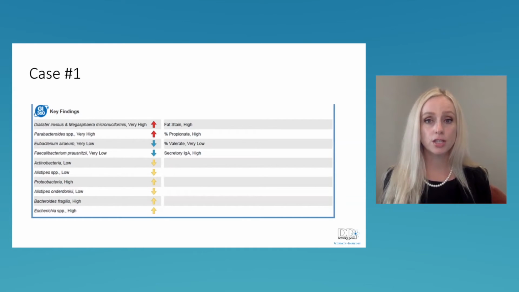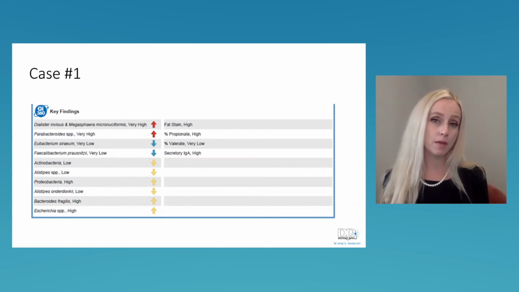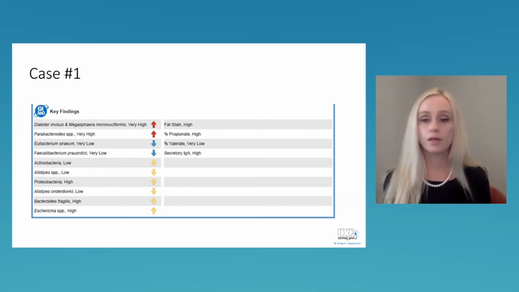The other consideration then in the absence of that would actually be maybe a food sensitivity. We are well aware that many of the items on the standard American diet are potentially associated with food sensitivities, eggs, gluten, dairy, etc. All right, soy. So that would be something to consider as well.